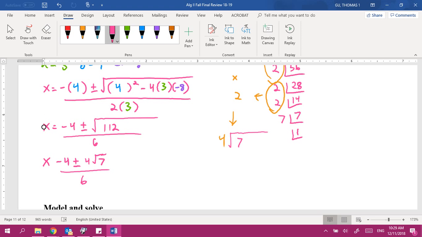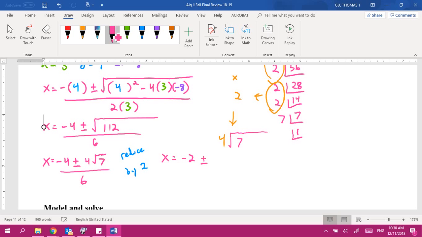What number? 2, right. So instead of writing x equals negative 4 plus or minus 4 square roots of 7 over 6, I can write, let me write that, reduced by 2. And so it's going to be x equals what? Right? And then?